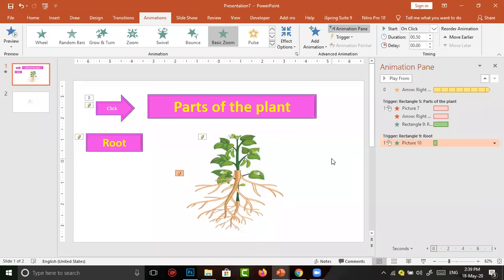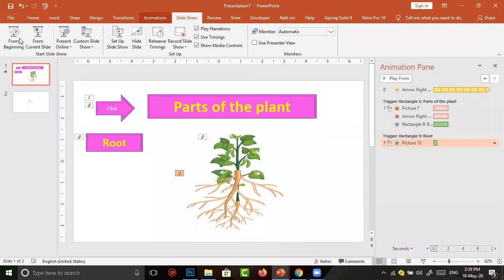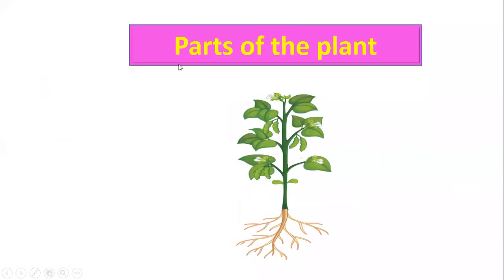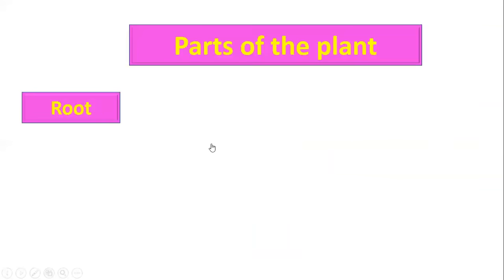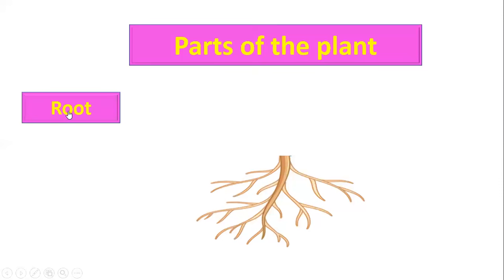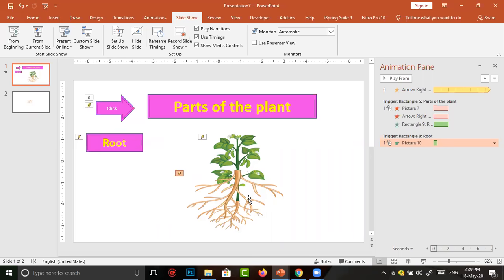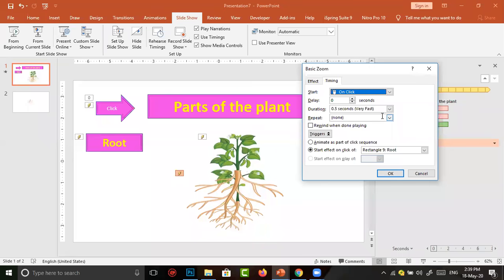Now we are going to see the scene again. I click on parts of the plant. Again I click on the root. Clear? Yes, sir. Very good. Then the root image should disappear. Before that, it will look nice if the appearance timing is a little bit smaller.